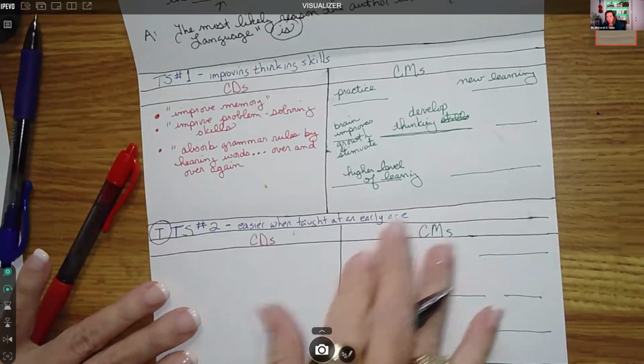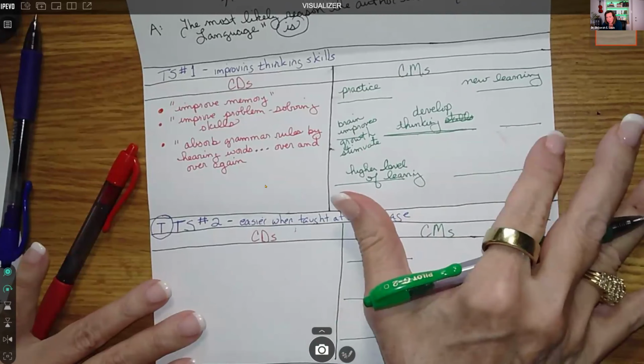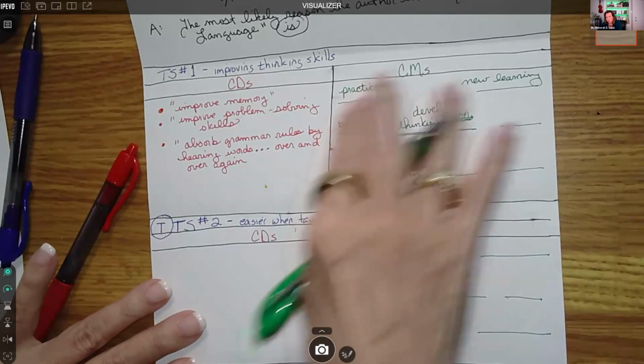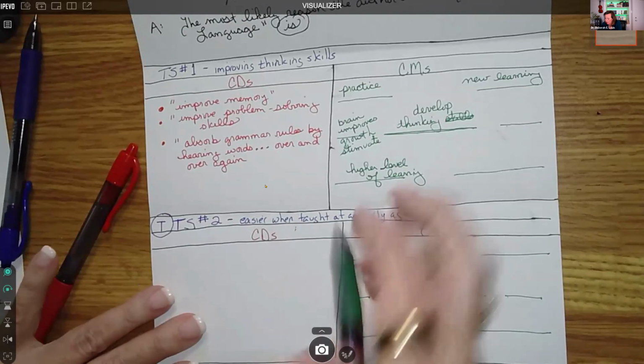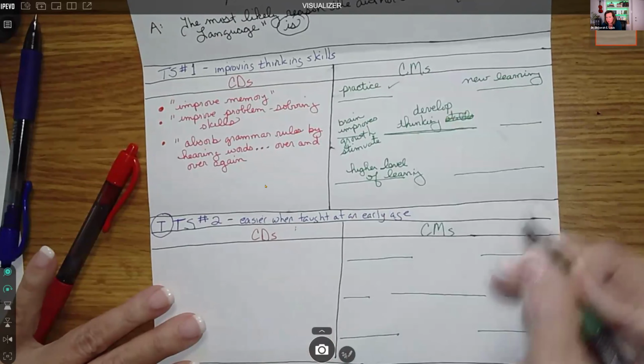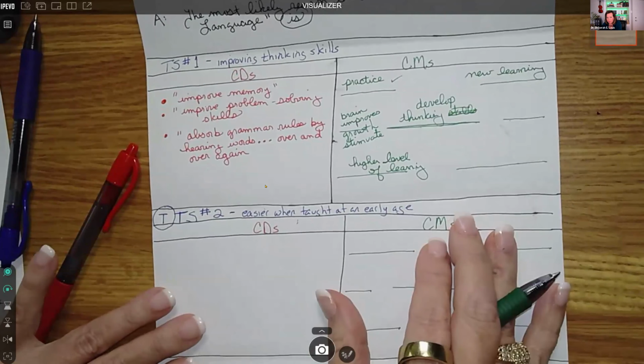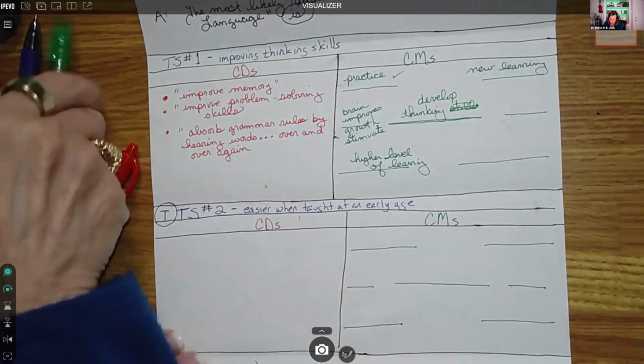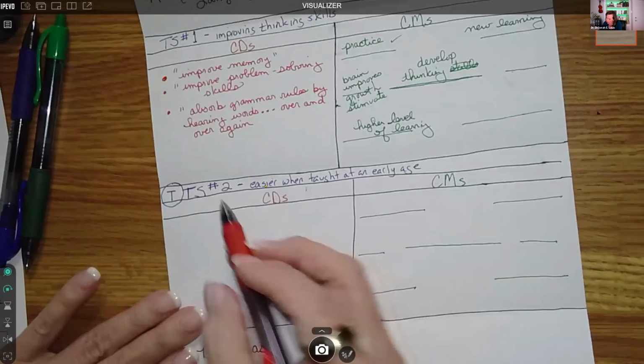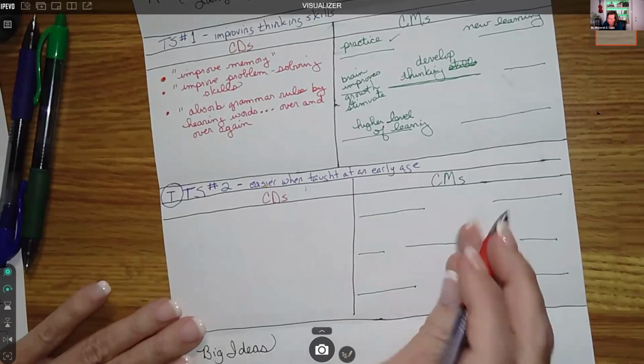And I try to at least answer, fill up 4 lines. And you'll notice that I only have one that has one word. Phrases are better. And then I come down here and I'm thinking, okay, easier when taught at an early age.